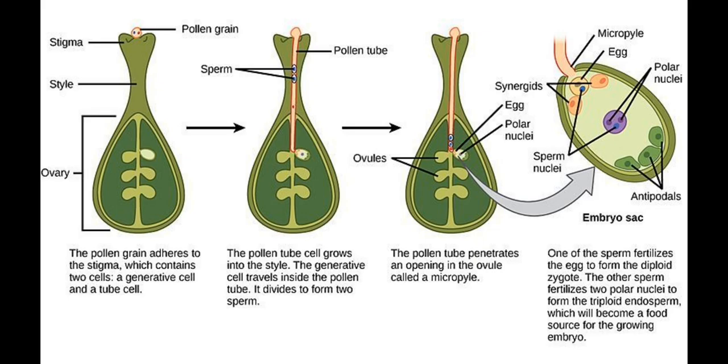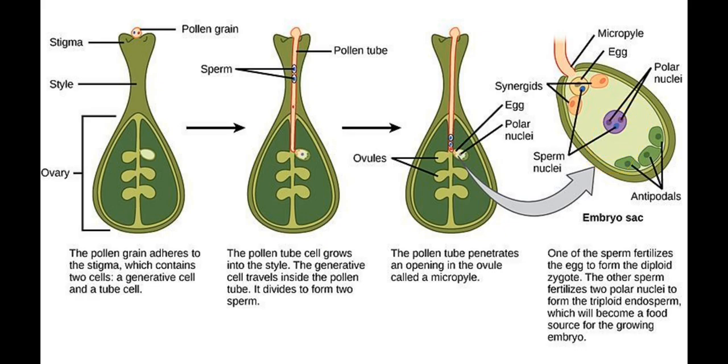So what we are getting, this haploid egg gets fertilized with the pollen, with the male haploid gamete. And meanwhile, a sperm fertilizes another cell, which is the central cell, and then we are getting here a triploid cell.